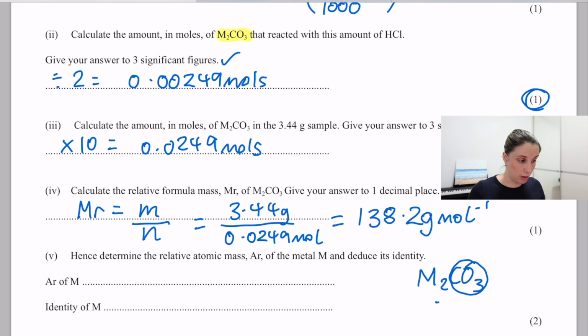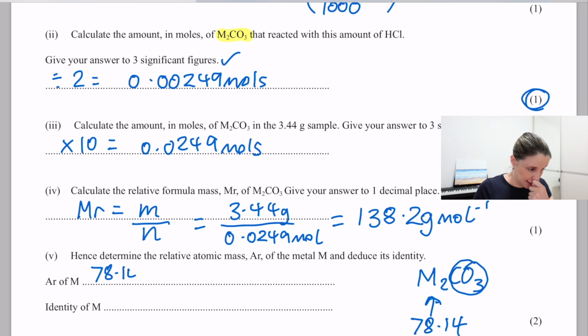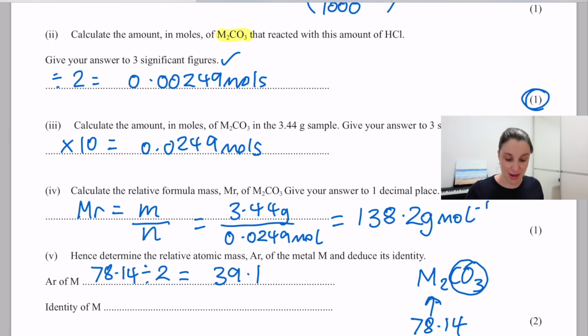So the M2 overall gives me a 78.14, but that's not the formula mass because that's 2 of them, it's not 1 of them. So with that 78.14, I'm going to divide it by 2, and that gives me 39.1 as the relative atomic mass of that metal.